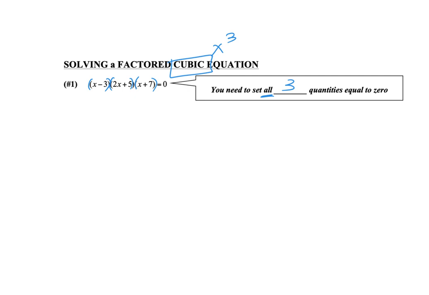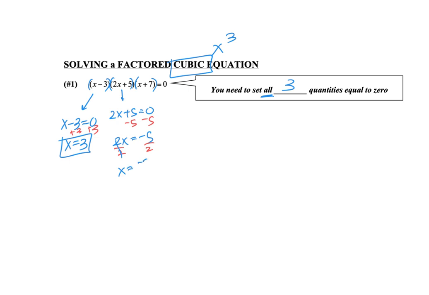All right, so let's see what you did. I would have said x minus 3 is equal to 0. So if I add 3 to both sides, I get my answer, x equals 3, that's one of them. 2x plus 5 is equal to 0. I would subtract a 5 from both sides, and then I would divide both sides by 2.